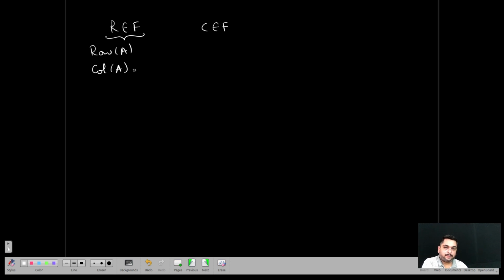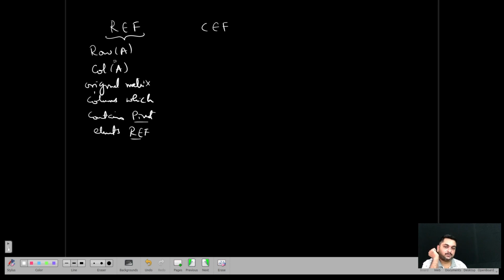You check the columns in the original matrix, the columns of the original matrix which contain pivot elements in REF. When you convert it to REF, the pivot elements are there, right? Those pivot element columns in the original matrix form my column space of A. Then you find the null space, which you know how to find. This is using row echelon form.